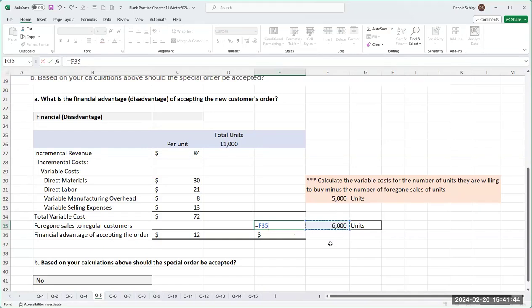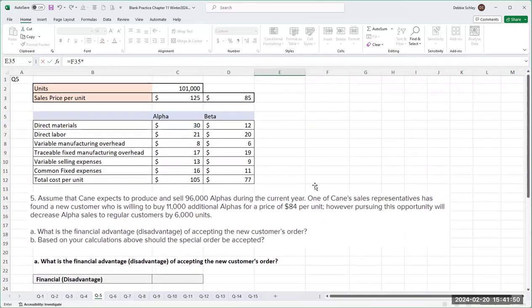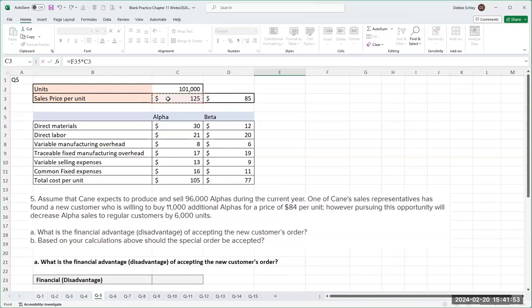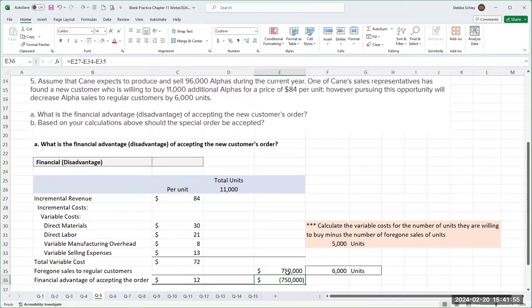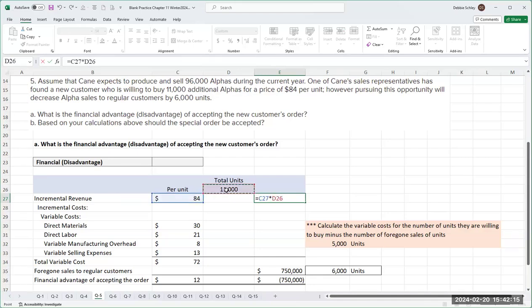Yes, the 6,000. Yes, the 6,000 times alpha's selling price. So that's how much revenue I'm going to lose. And I'm going to do this one in totals because I don't want to mess things up. So the revenue from this one is going to be times the 11,000 units, right?